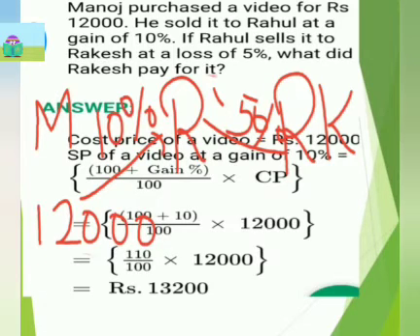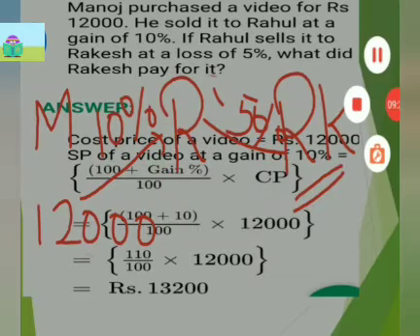Now it is asking at what price Rakesh has purchased it. That means you have to calculate the selling price of the video for Rahul, or in other words, the CP of the video for Rakesh. So let's do it.